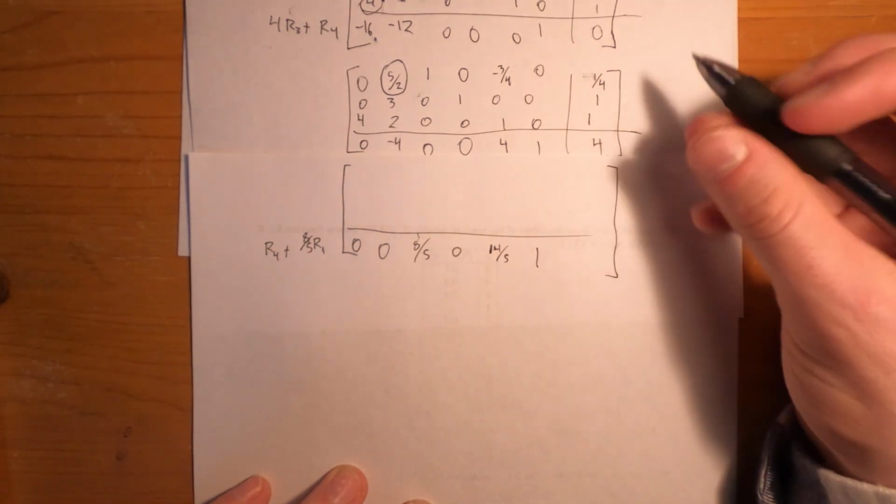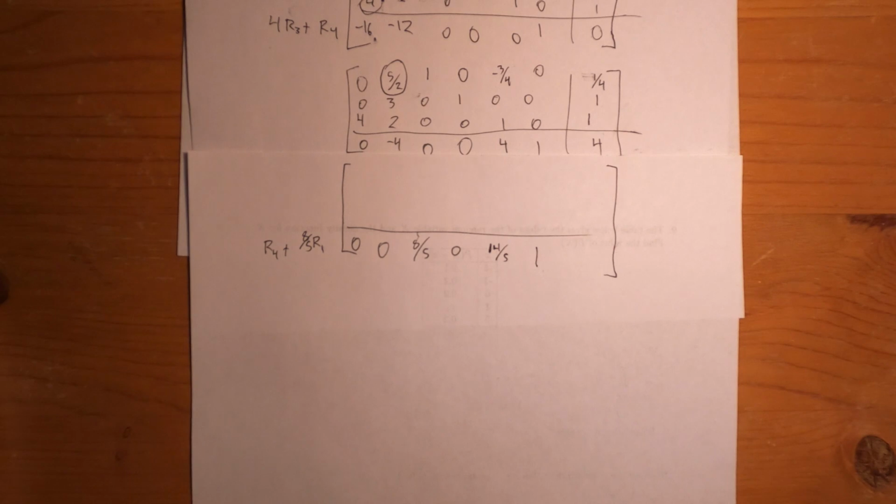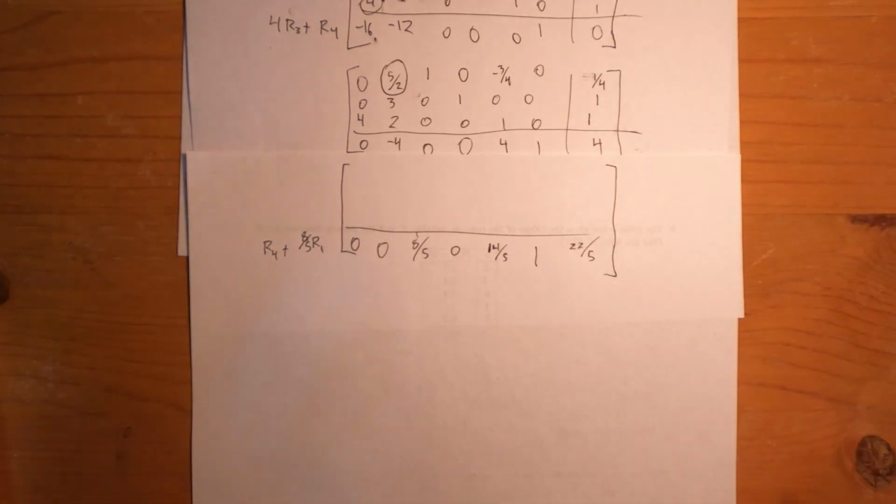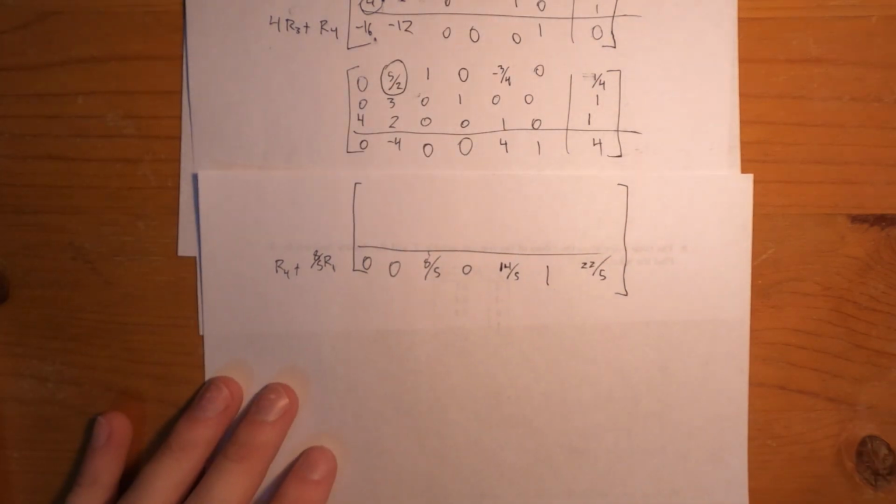And that's still 1. And 1/4 times 8/5 plus 4, 22/5. Okay? So that was fun. All right.